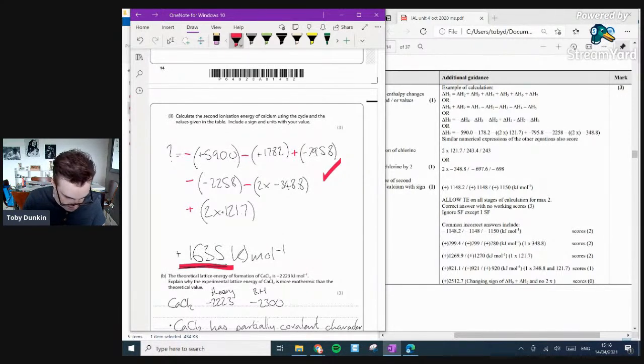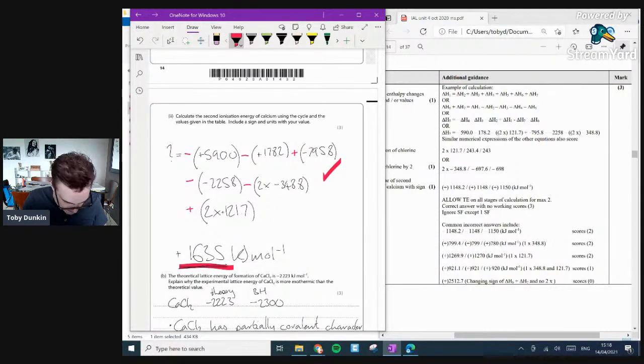Minus brackets plus 590, close brackets. Yeah. Minus brackets plus 178.2, close brackets. Plus brackets minus 795.8. Yeah, 795.8. Yeah, close brackets.